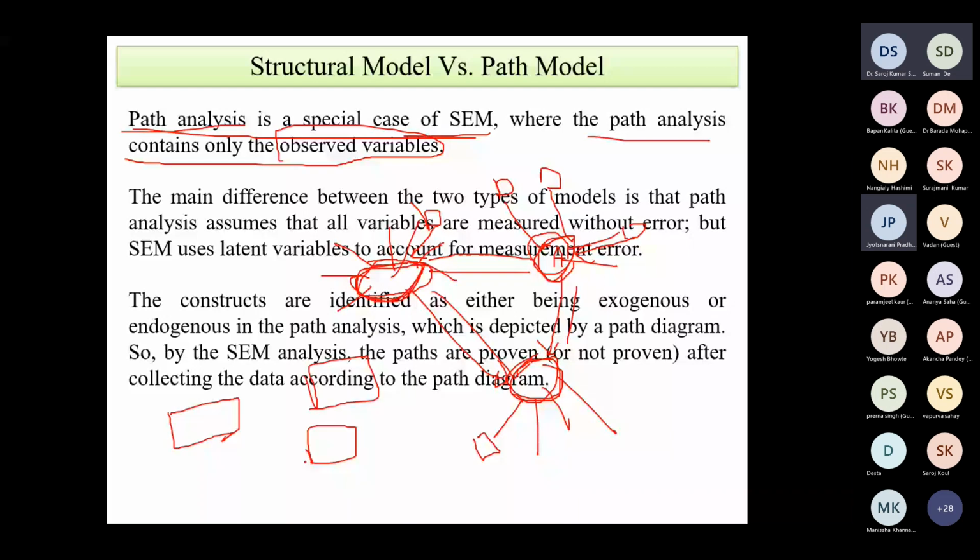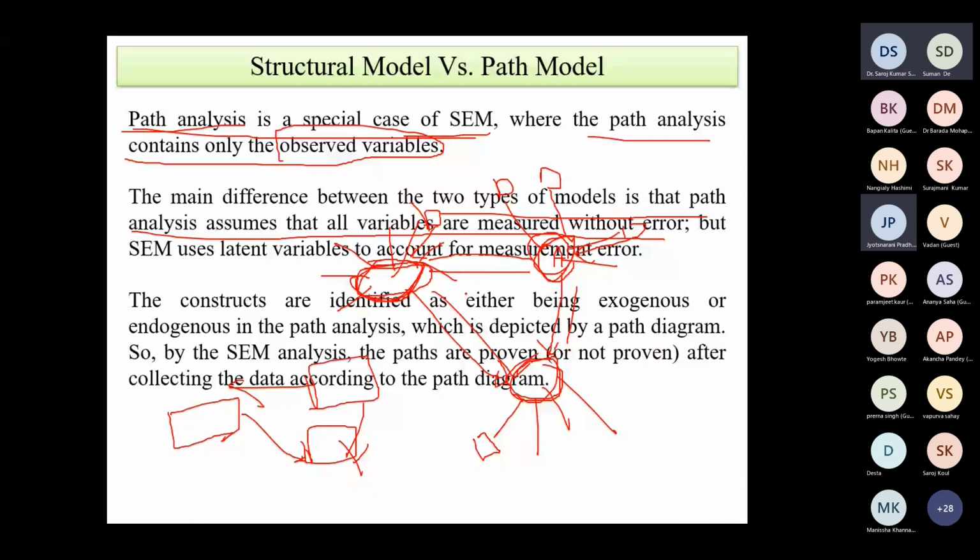It will be better to understand like this. Look at here. So this is what the path analysis is. The main difference between the two types of models is that the path analysis assumes all the variables are measured without error. Look at here.